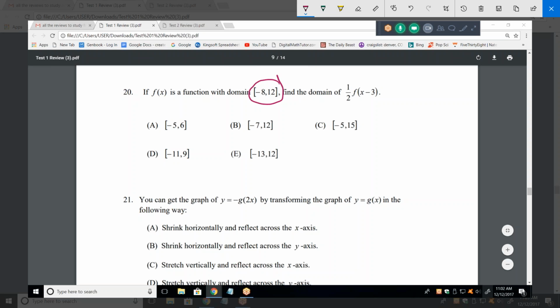So, the only thing that affects domains is horizontal transformations, not vertical.